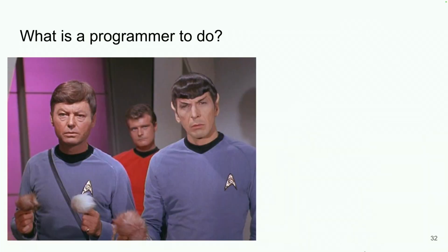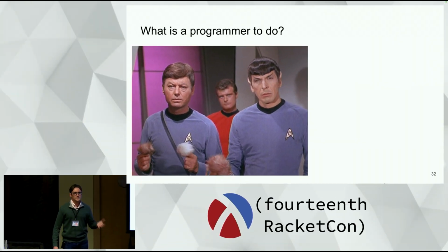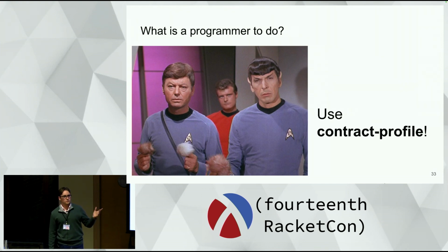All right, so what can we do as a programmer, barring any advancements on the language side, to improve the sound gradual typing implementation? As a programmer, say that we have a program and it's behaving badly in this way, what can we do to make things better? One of the things I want to propose to you today that is a really useful tool that I found to make this better is the contract profile tool.